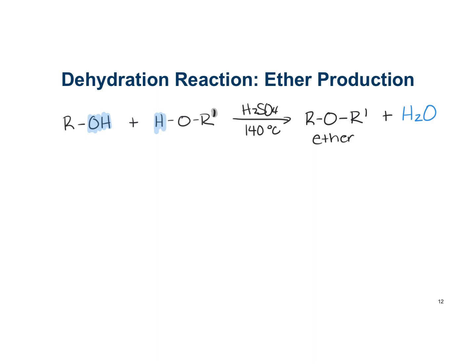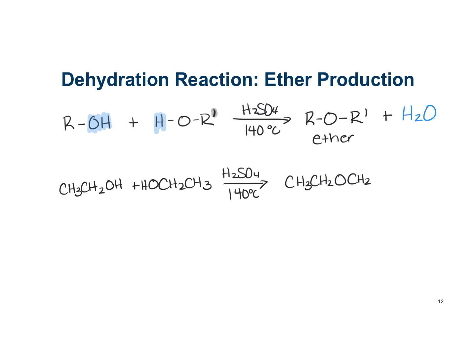So if we looked at a specific example where we reacted 2 molecules of ethyl alcohol with H2SO4 at 140 degrees, we would see that we would form CH3CH2OCH2CH3.